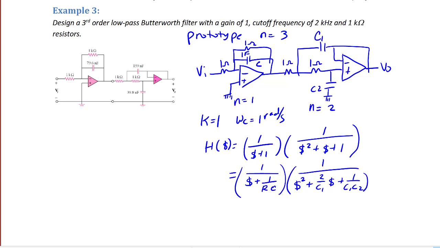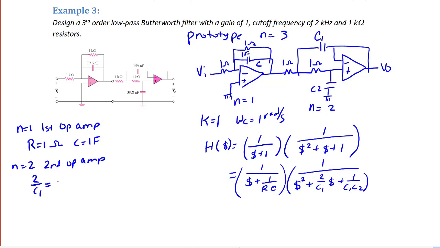So for n equals 1, the first op amp, we're going to have R is equal to 1, C is equal to 1 farad, and for n equals 2, the second op amp, for the prototype case, we're going to have 2 over C1 is equal to 1. So C1 is equal to 2 farads.